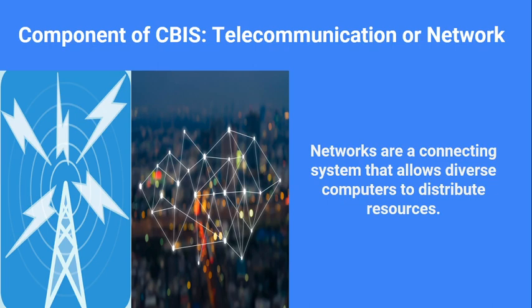So for distributing the information in the form of resources, for sharing the information, for establishing the communication between one computer device and another, the important component that CBIS requires is the telecommunication or the network system. So this one is the third component.